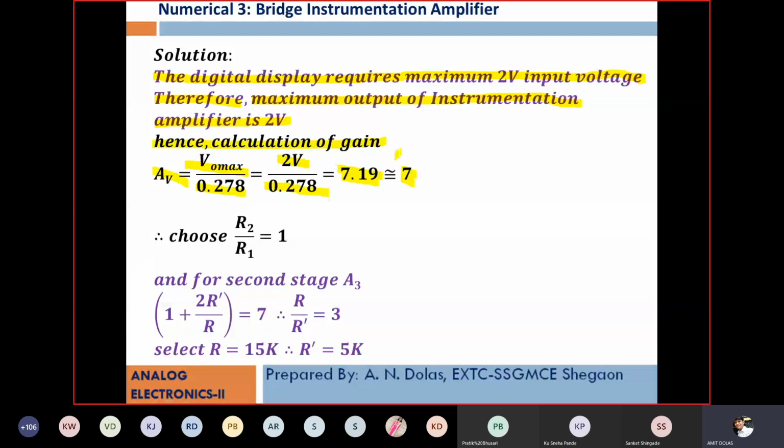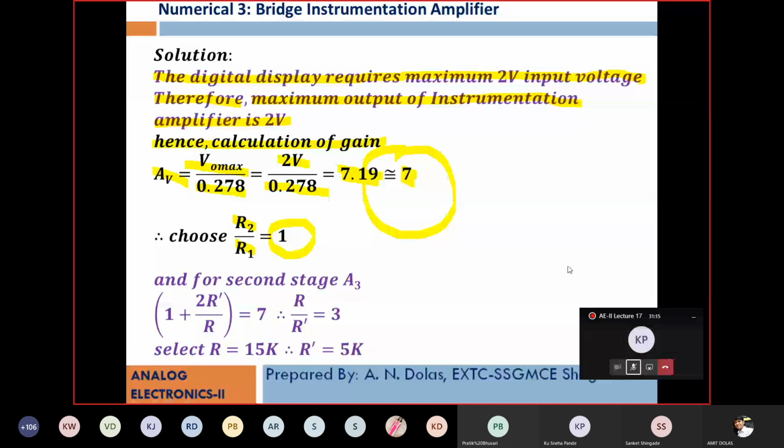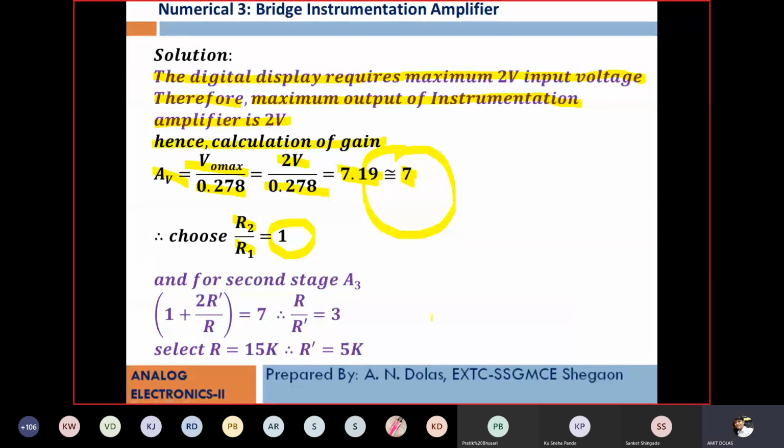So when you see this overall gain is very small, then choose R2 by R1, which is the differential gain, equal to 1. No need to choose it more than one. So we will choose R2 by R1 is equal to 1.